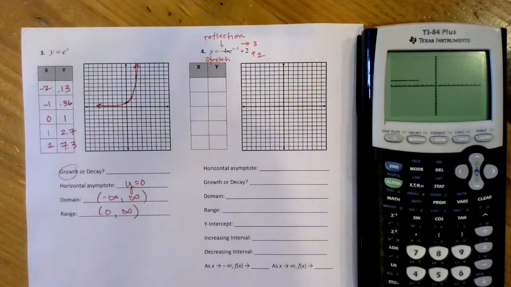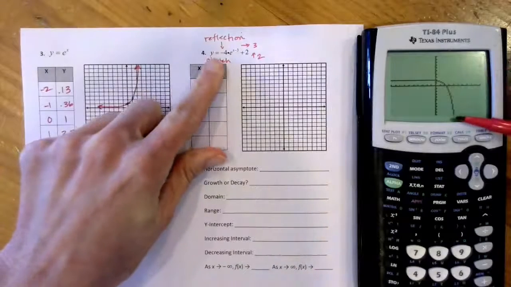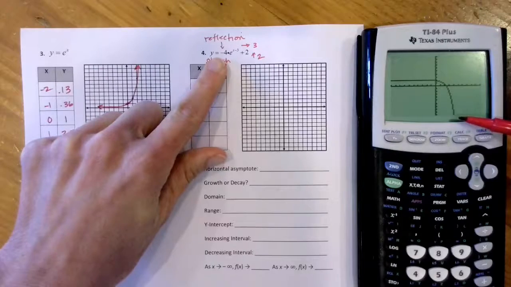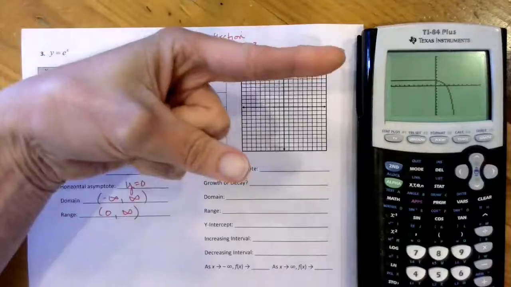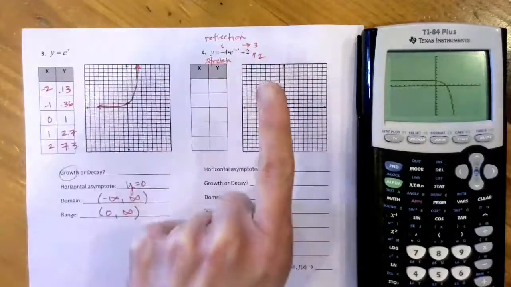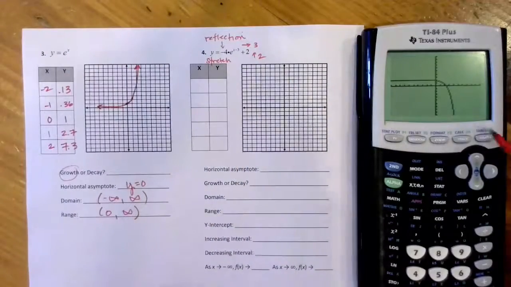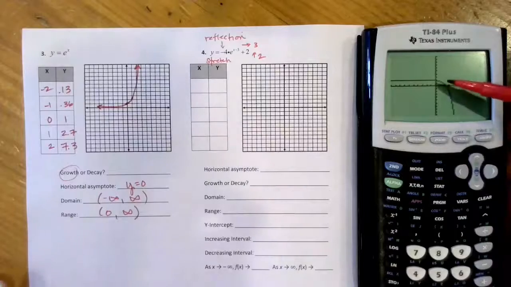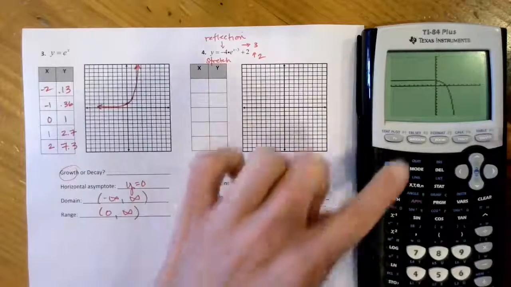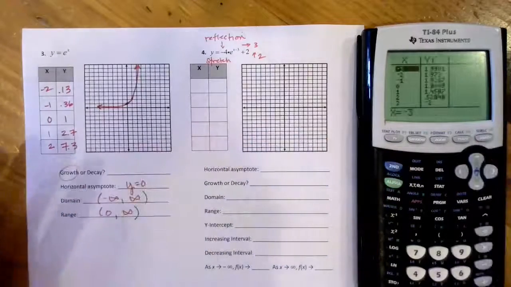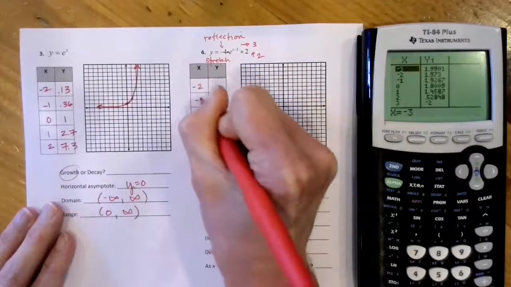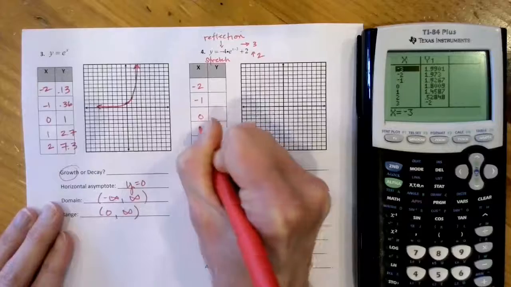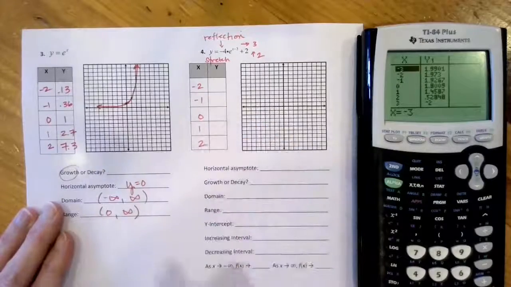So we can take a look at this graph, and it makes sense to us that it's reflected, first of all. It makes sense to us that it's moved to the right 3, it's moved up 2. And it's hard to tell with these graphs, but it is a stretch. It is getting higher, or in this case, because it's a reflection, lower, faster.